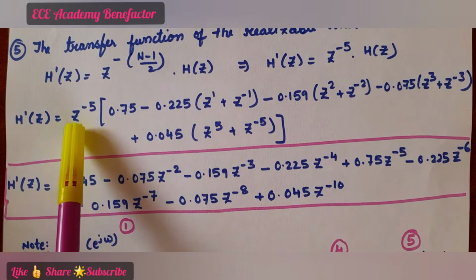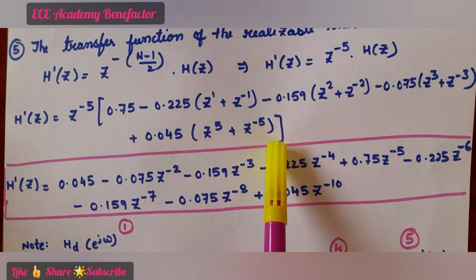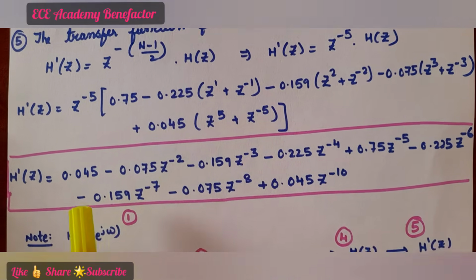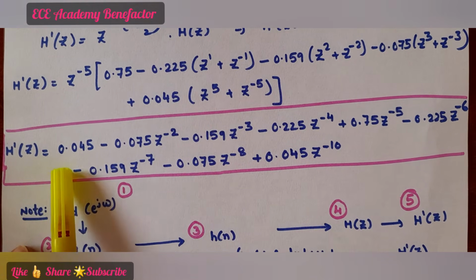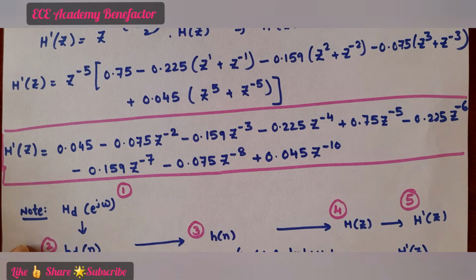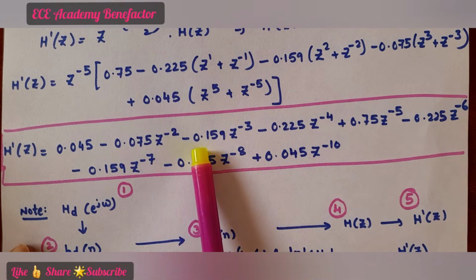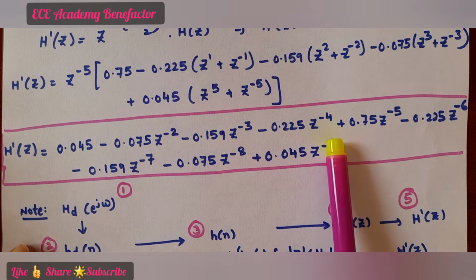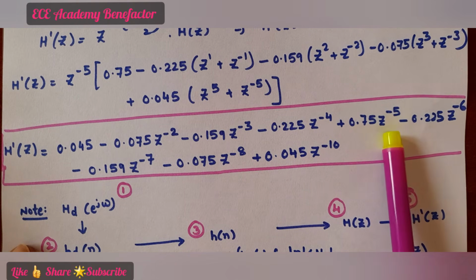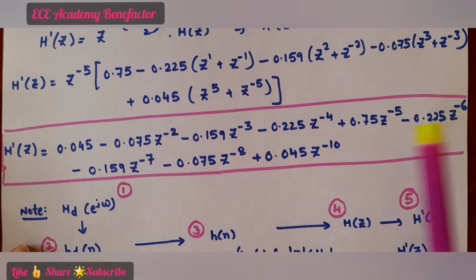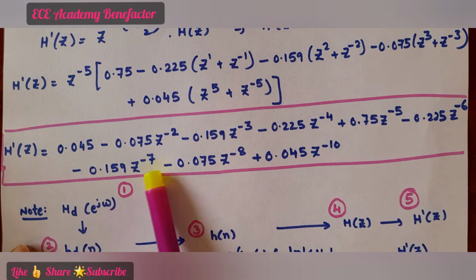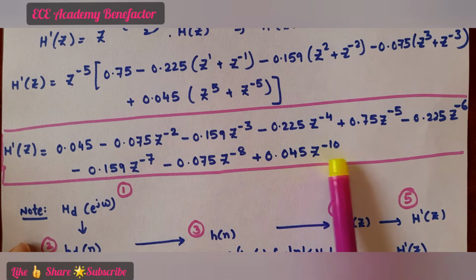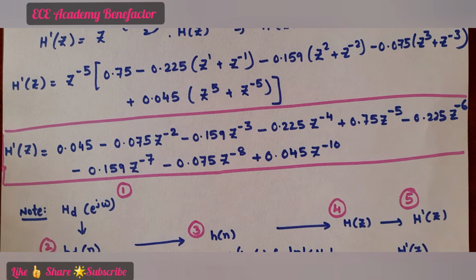On multiplying z to the power minus 5 with H(z), opening the bracket, after multiplying and simplifying, we get H dash of z equal to 0.045 minus 0.075 z to the power minus 2 minus 0.159 z to the power minus 3 minus 0.225 z to the power minus 4 plus 0.75 z to the power minus 5 minus 0.225 z to the power minus 6 minus 0.159 z to the power minus 7 minus 0.075 z to the power minus 8 plus 0.045 z to the power minus 10. So, in this way we got H dash of z.